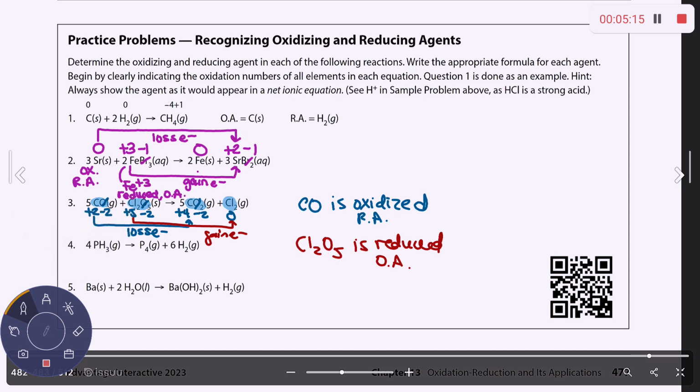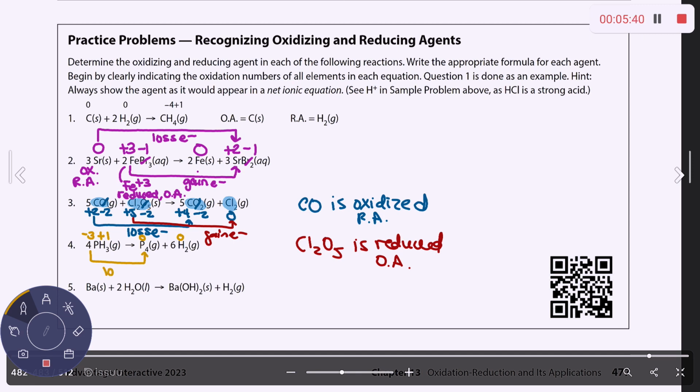What's the oxidation number for H here? +1. That means P would be -3. And then P4 is elemental phosphorus, so it would be 0. And then H2 is elemental hydrogen, 0. Okay, so P is going from a -3 to a 0.